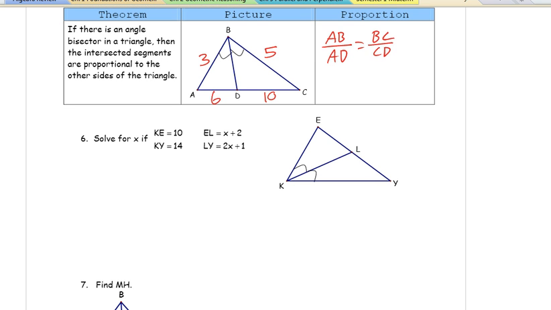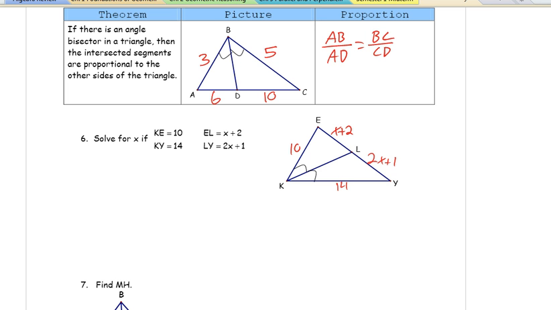So we'll put it into practice. Solve for x. If KE is 10, EL is x plus 2, LY is 2x plus 1, KY is 14. Okay, so again, you're just going to make sure you match up your sides.